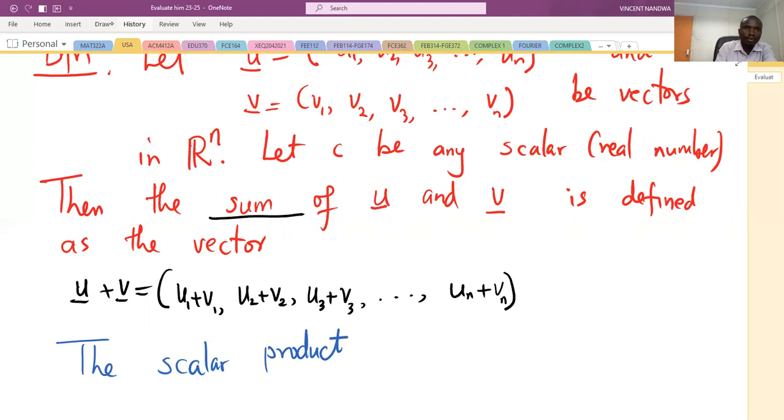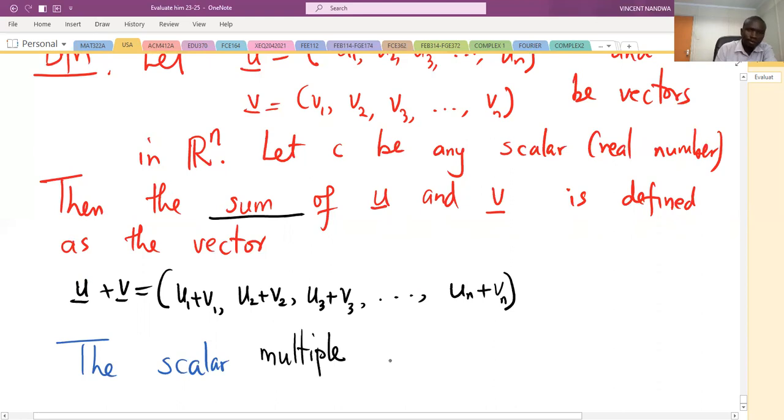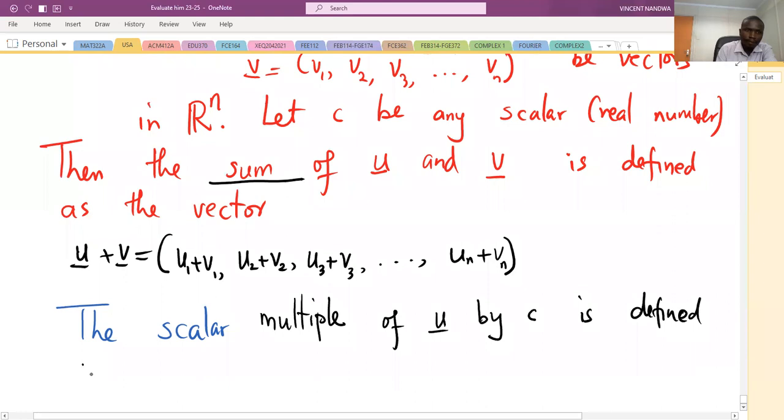And the scalar product, or the scalar multiple of U by C, is defined as a vector.